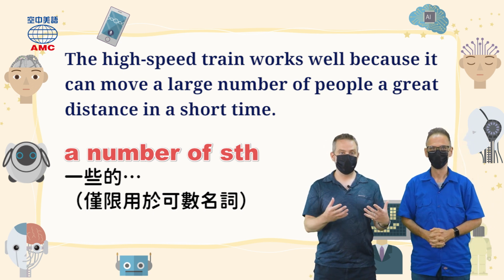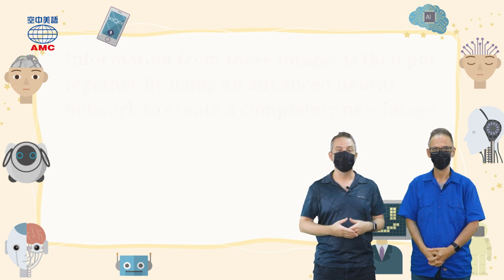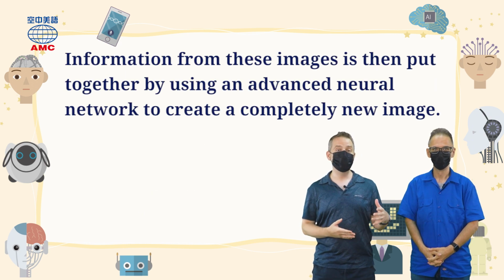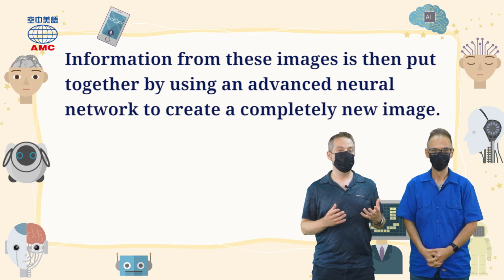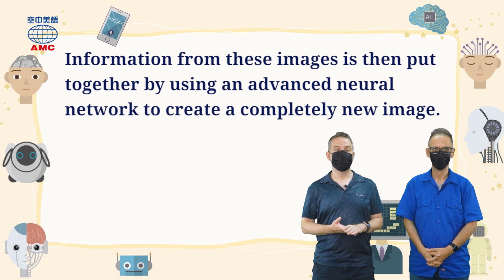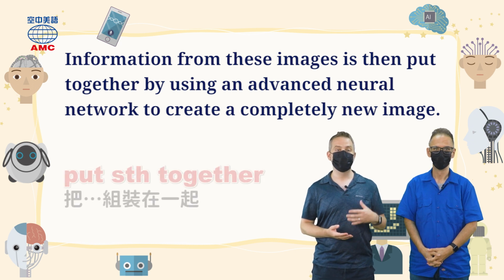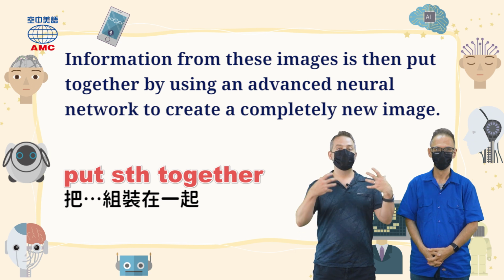Okay, so how the computer does this. It looks at all these images, gets information. And we see in the article, information from these images is then put together by using an advanced neural network to create a completely new image. Got a few things to look at in this sentence, starting with the phrasal verb put together. To put something together means to assemble it.